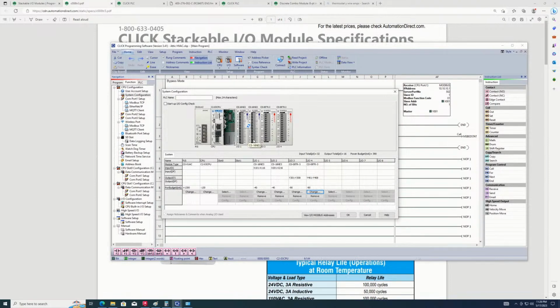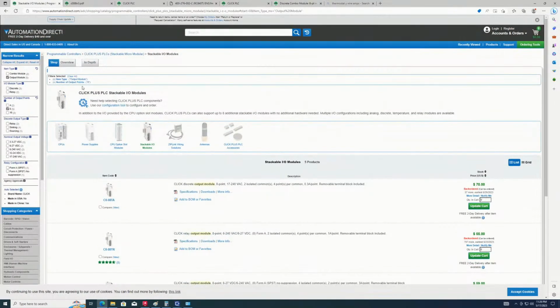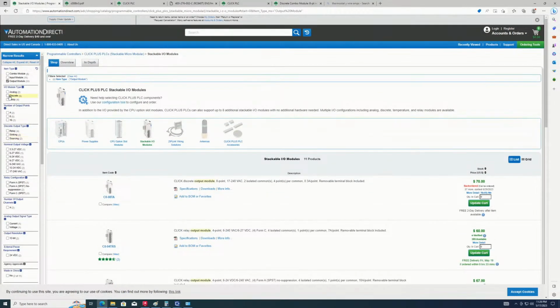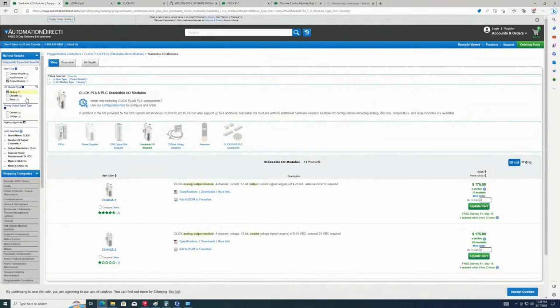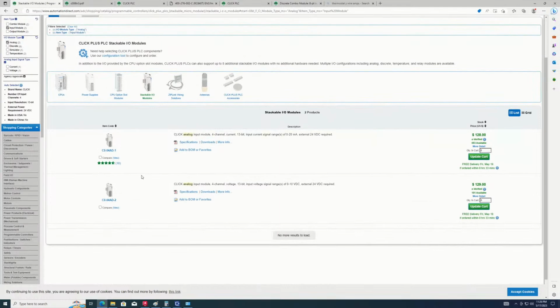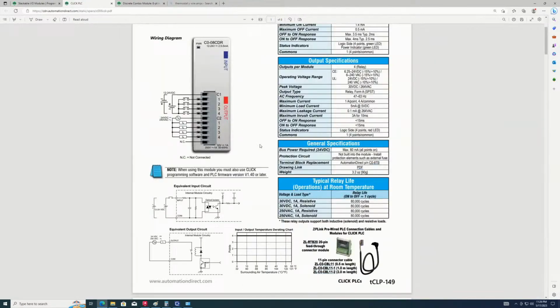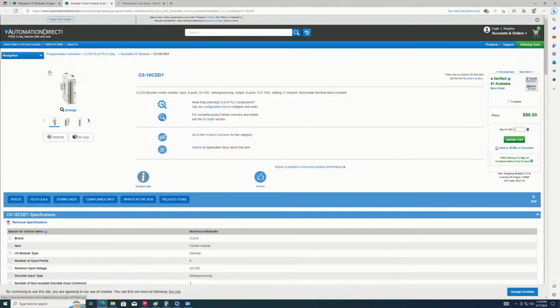So we got our inputs for that. We got our outputs for our thermostats, for our relays, and then we need an analog. Not output module, analog input module. Don't need that.